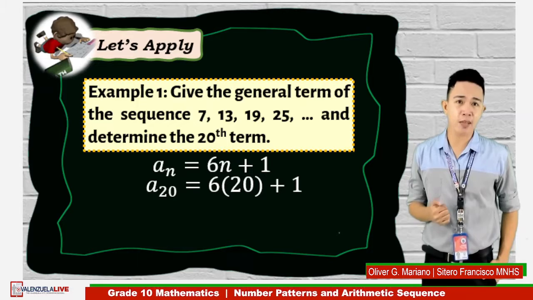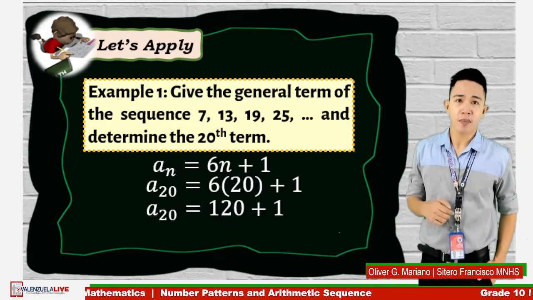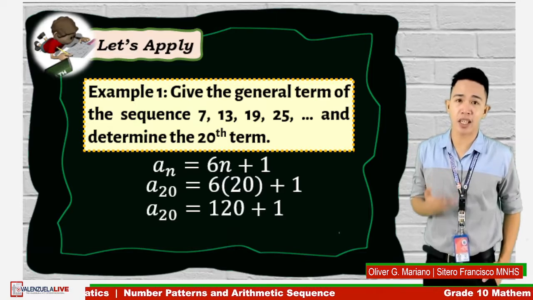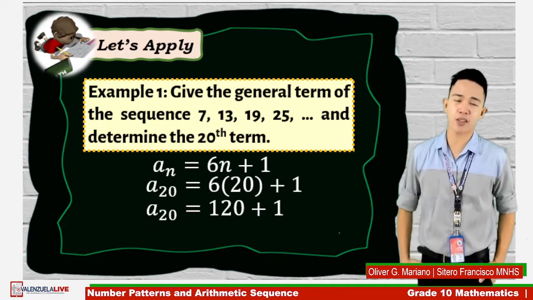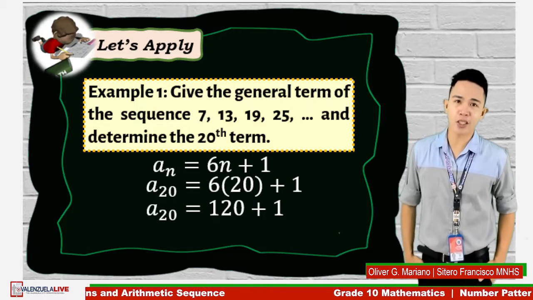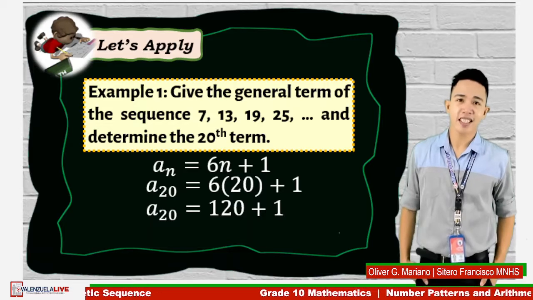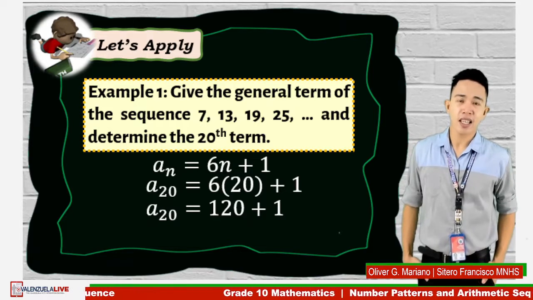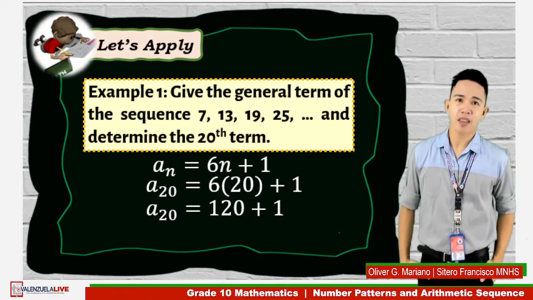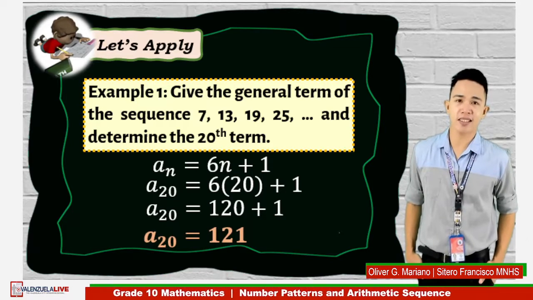But 6 times 20 is equal to 120. And this results to a sub 20 is equal to 120 plus 1. Therefore, a sub 20 is equal to 121. Did you get it?